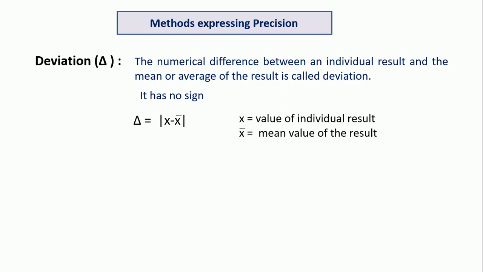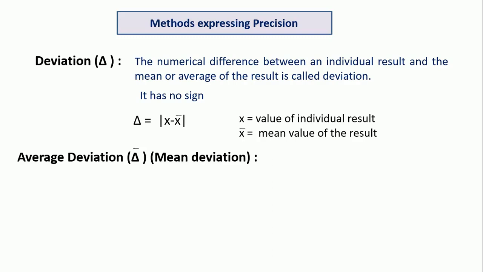Now see the second term, that is average deviation, also called mean deviation. That means a number of deviations are determined, and after that we calculate the average of those deviations, and that is called mean deviation.